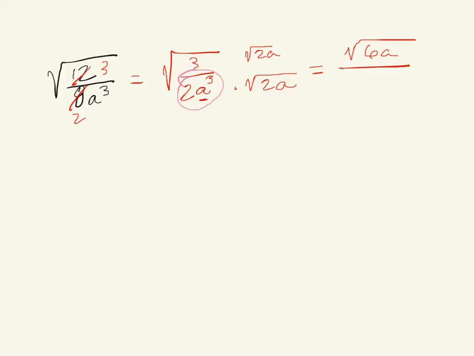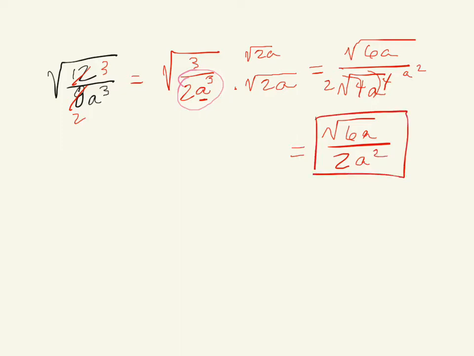On the bottom we get the root of 4a to the 4th. 4 comes out as a 2, a to the 4th comes out as an a squared. So you get the root of 6a over 2a squared. That's your answer.